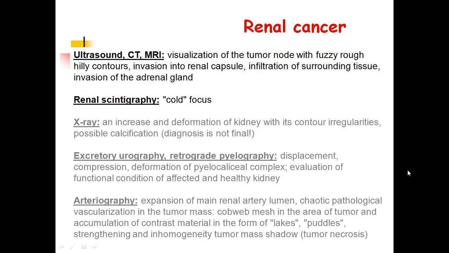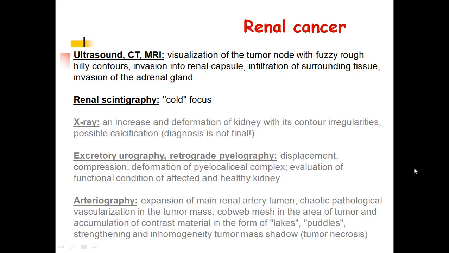Methods of diagnostics of renal cancer. Ultrasound, CT, MRI allow to visualize the tumor node with fuzzy, rough, hilly contours, assess invasion into renal capsule, infiltration of surrounding fat, or invasion of the adrenal gland.